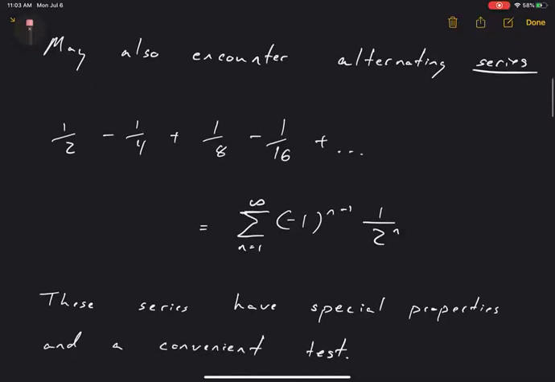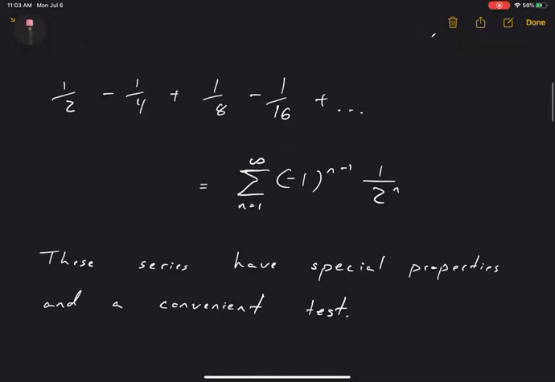Well, I have this alternating sign on these terms, positive, negative, and so on. So again, I have this alternating structure. So my series I could write like this, okay?